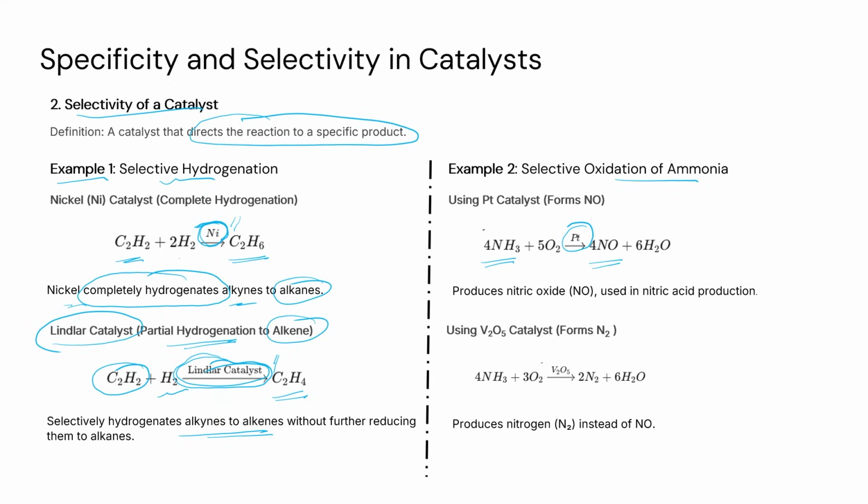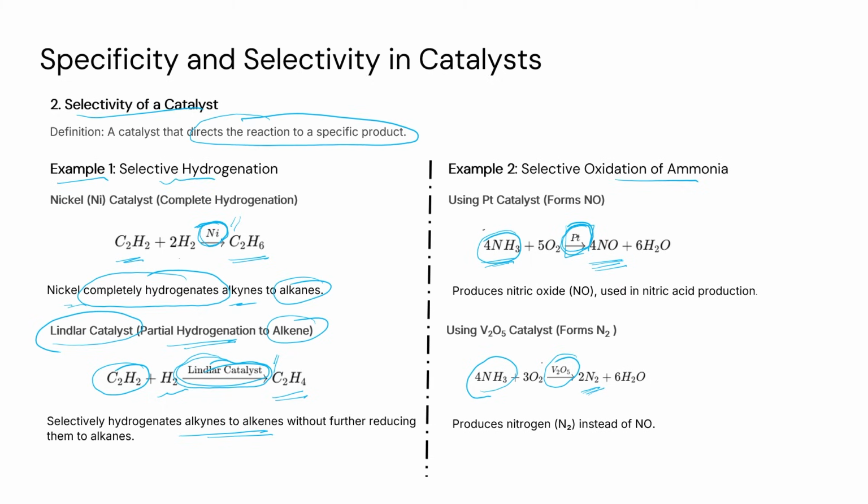I again repeat, this is in presence of platinum as a catalyst. The oxidation of same ammonia in presence of vanadium oxide is going to give you nitrogen as a product.